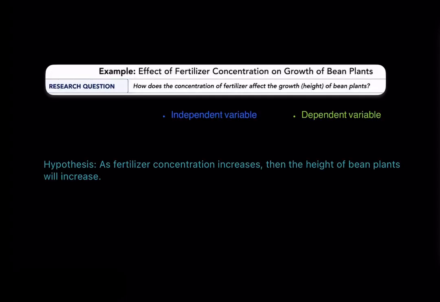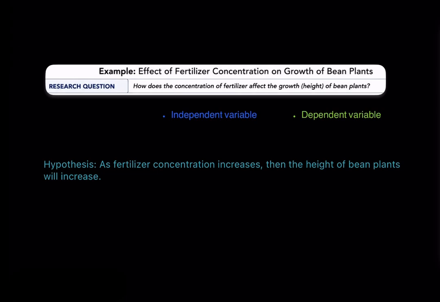Okay, so let's look at an example. Assume that we are investigating the effect of fertilizer concentration on the growth of bean plants. So our research question is, how does the concentration of fertilizer affect the height of bean plants? Based on that question, we come up with an educated guess, a prediction, which is called the hypothesis. Remember, hypothesis generally is put up as an if-then statement, but it's not always mandatory.